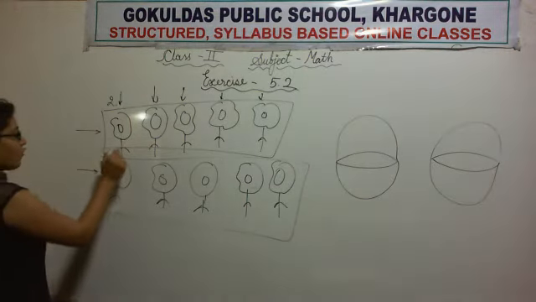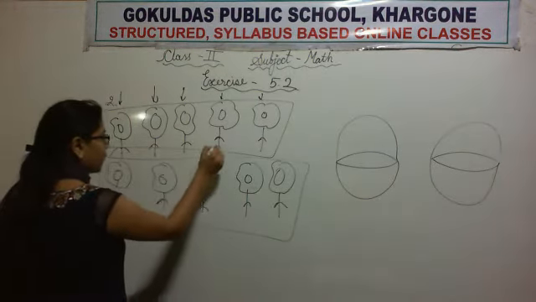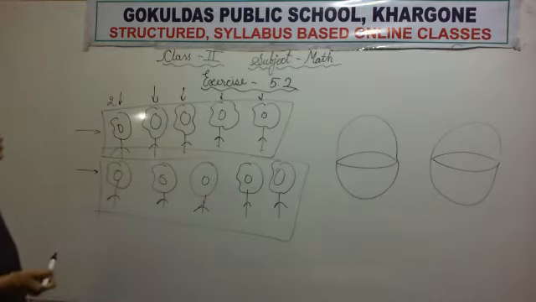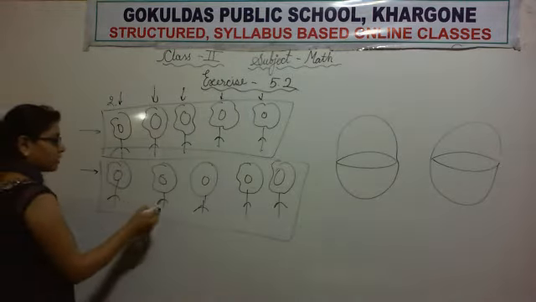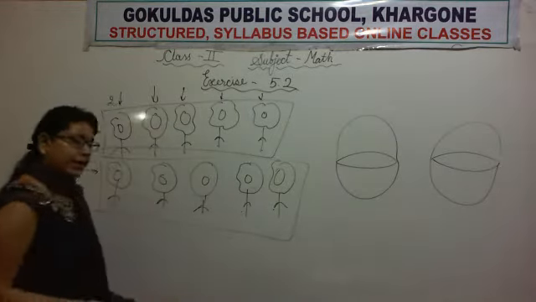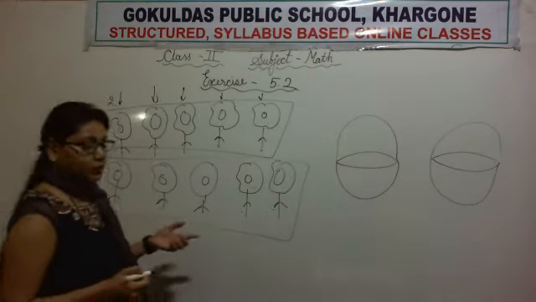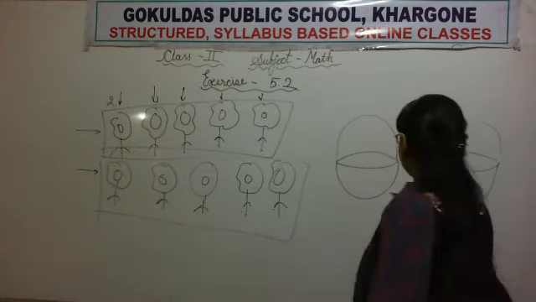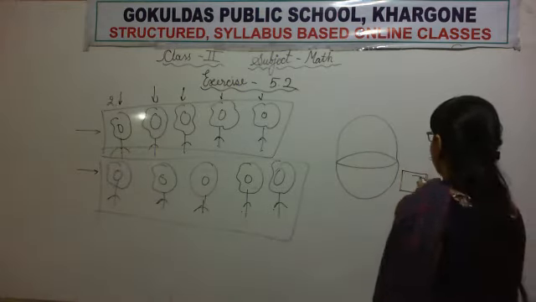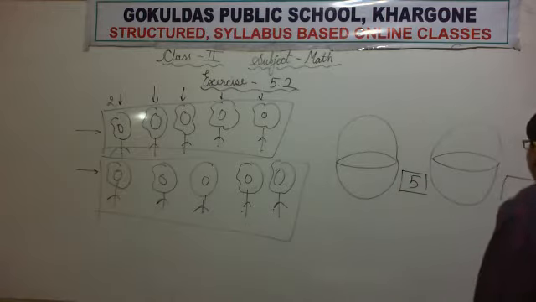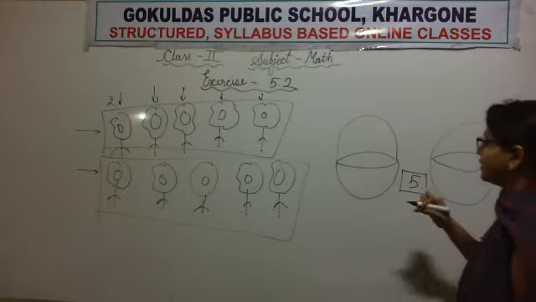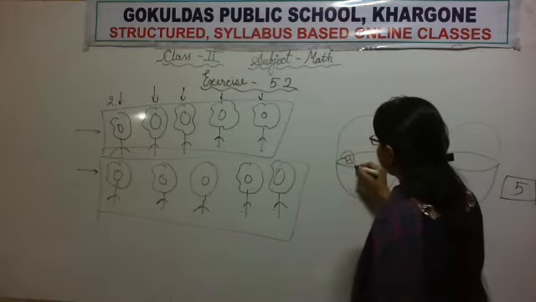So how many flowers in each group? Let's count. 1, 2, 3, 4, 5. 5 flowers in one group. 1, 2, 3, 4, 5. And 5 flowers in the other group too. It means we'll put 5 flowers in both baskets. So let's draw.